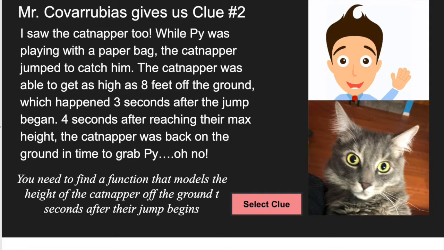What are a few things of important information that we can take out of here? One thing I see: the catnapper was able to get as high as 8 feet off the ground, and it happened 3 seconds after the jump began. I also see that 4 seconds after reaching the max, they were back at the ground.